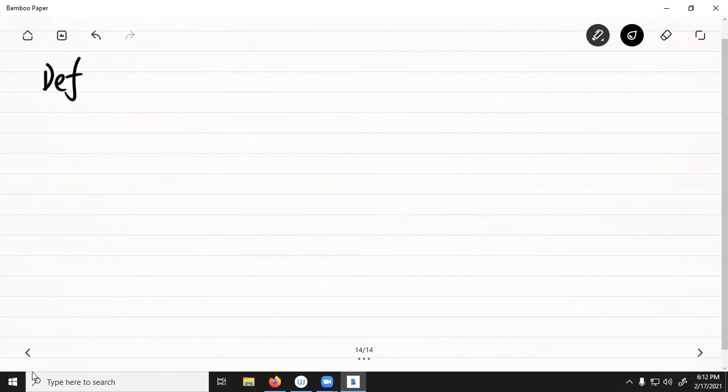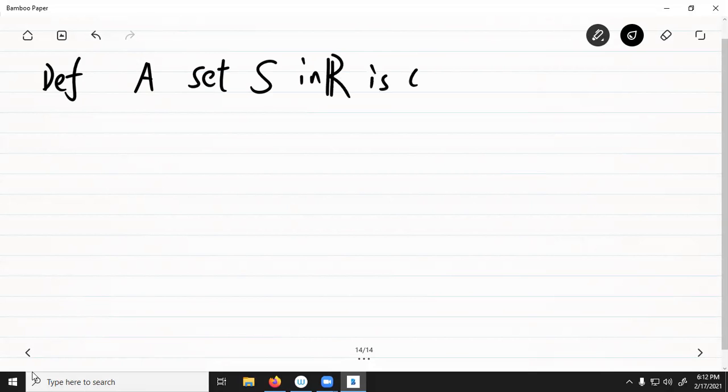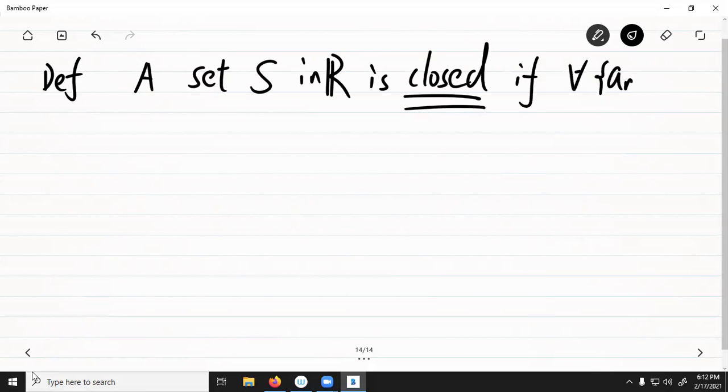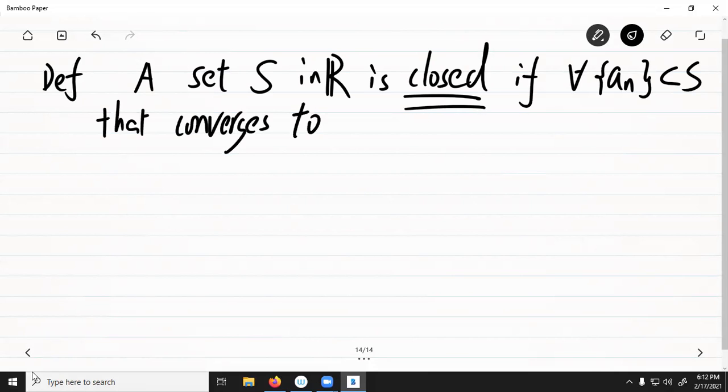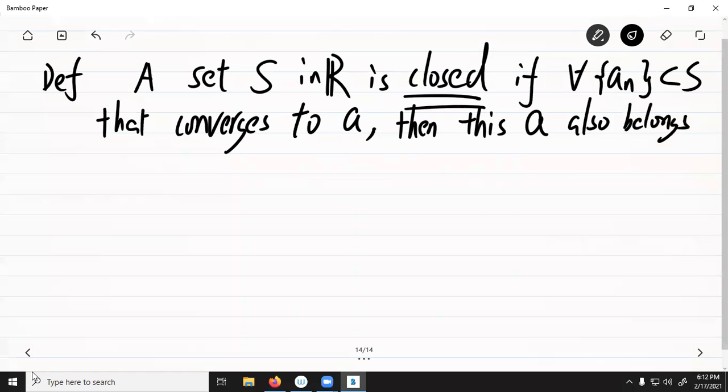Definition: we say a set S in R is closed if for any sequence in S that converges to A, that is, for any convergent sequence in S whose limit is A, this A also belongs to S. Then we say the set is closed.